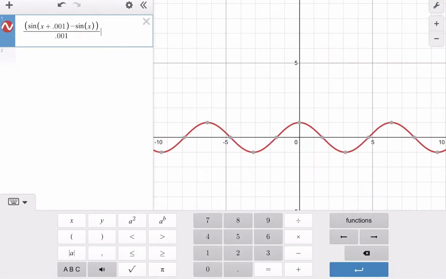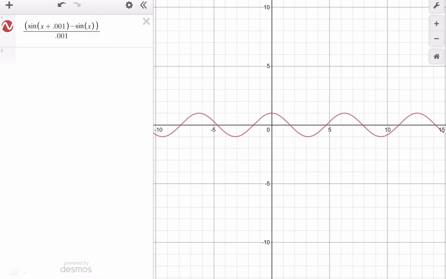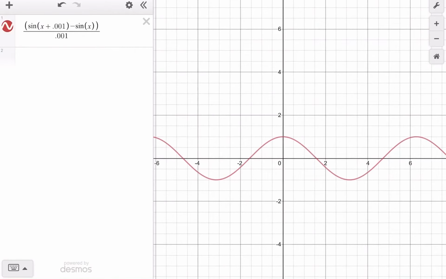So in Desmos, if we think about the definition of the derivative, we think about taking sine of x plus h, where h is approaching 0, minus sine of x over h. In this case, I know h is approaching 0. I'm going to take h to be really small, 0.001. And again, when I graph it, this sure looks a lot like cosine.